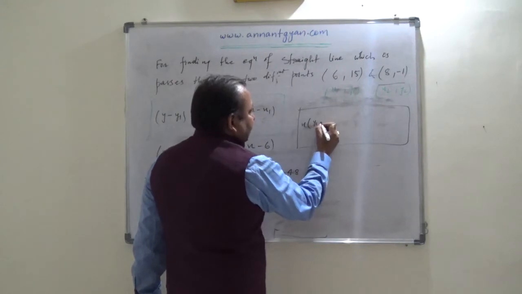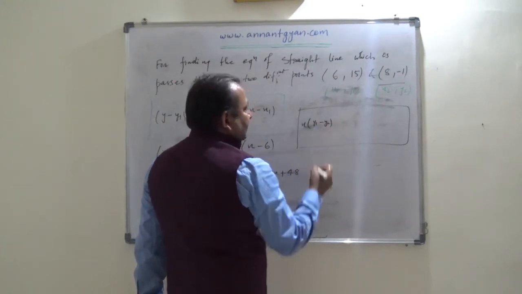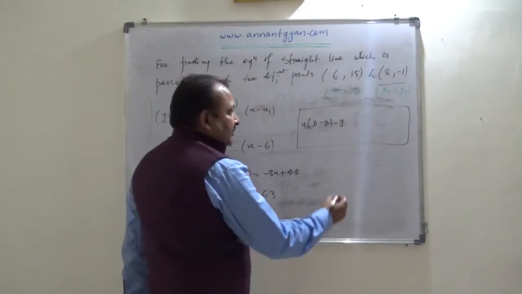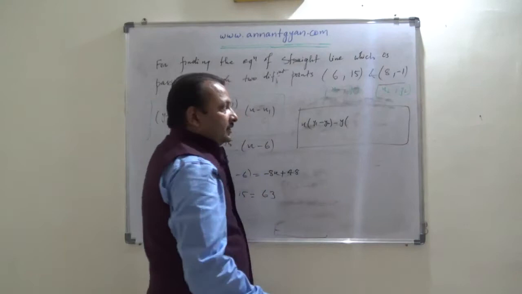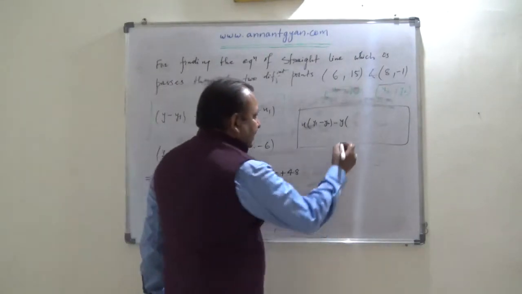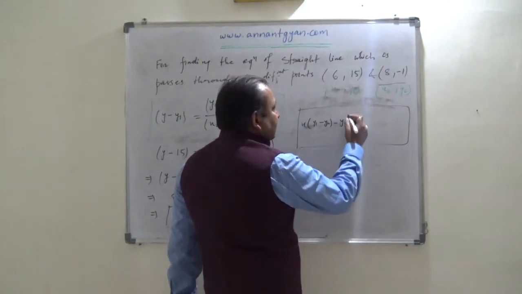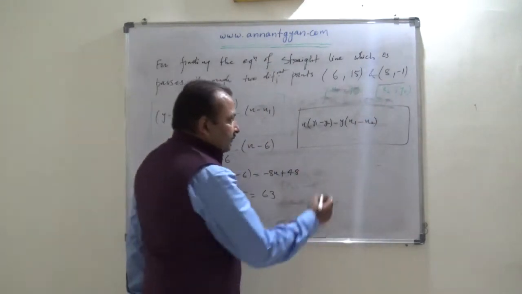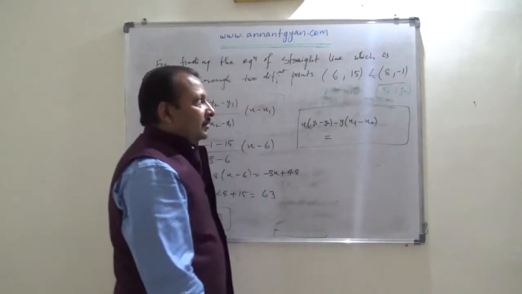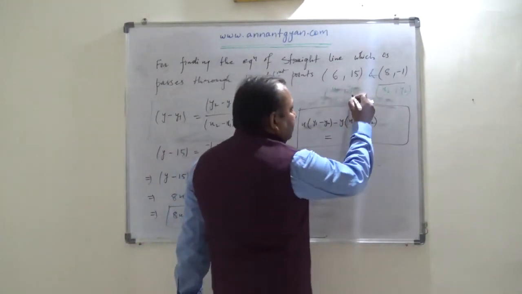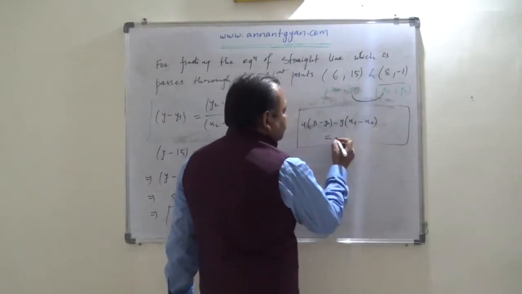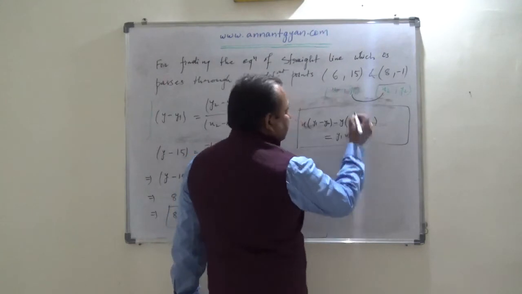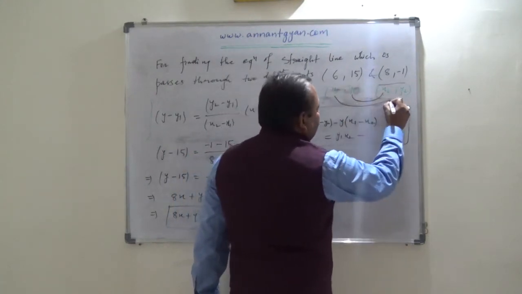So I shall write x into y1 minus y2, minus y, then the difference of the x coordinates, that is x1 minus x2, equal to this y1 into x2 minus this x1 into y2.